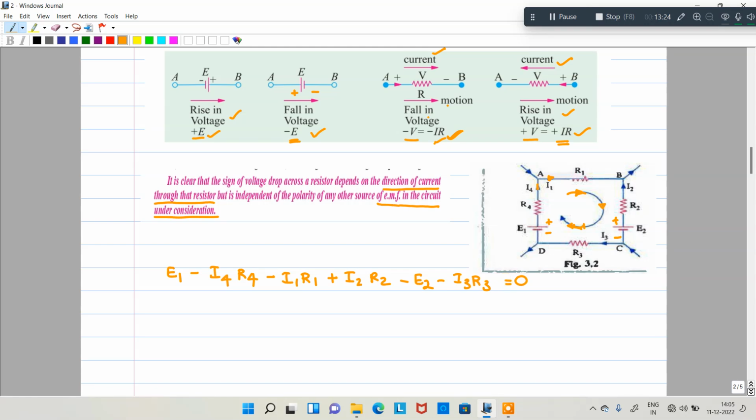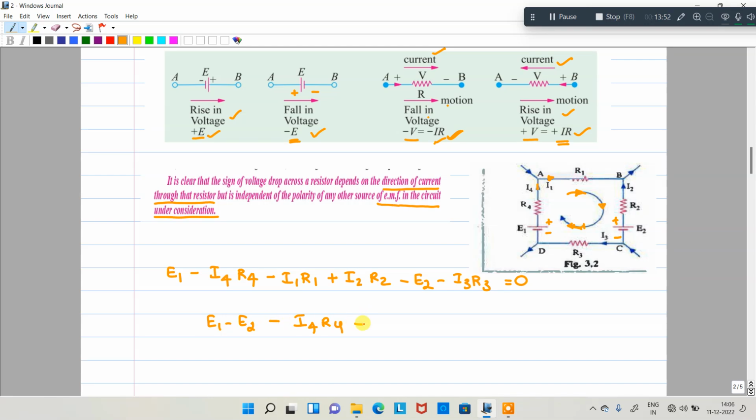This is a KVL equation. So you know, summation, minus E1, E2 together. So E1 minus E2 is equal to I4 R4, here minus.